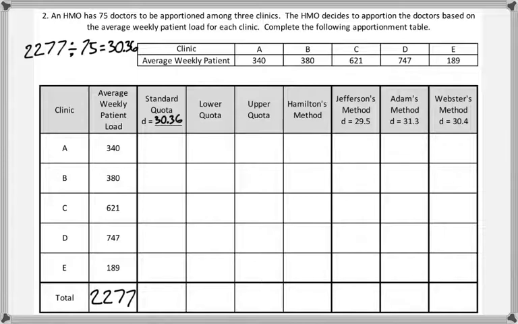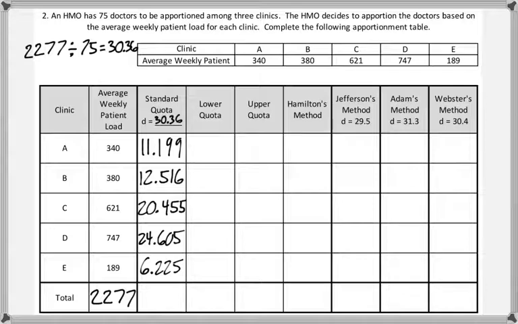And if you do that, you should get 11.199, 12.516, 20.455, 24.605, and 6.225. And if you add these up, you get 75, because we have 75 doctors. Now, if it didn't add up to be exactly 75, that would be okay in this column, because we had to do a little bit of rounding on these numbers.